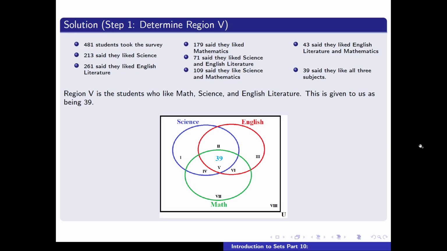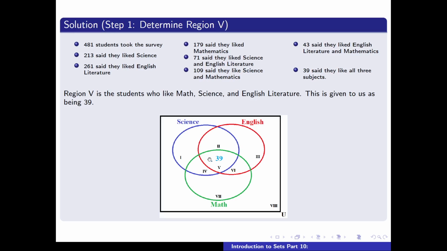So to make sense of all this, we're going to set up a Venn diagram. Now suppose our sets are defined as the set of students who like science, the set of students who like English, and the set of students who like math. Again, just like in the previous example from the previous video, it doesn't matter what the specific elements are because all the elements are students.